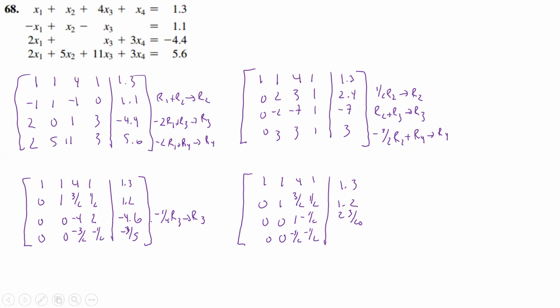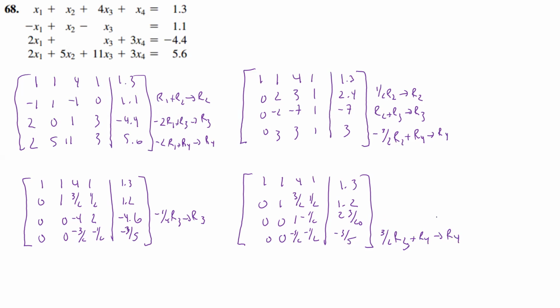Yeah, 3/5. All right, so minus 3/2 make, okay. And so then we do that one, and that's going to be a minus 3/5 again. All right. Now we're going to take 3/2 times row 3, plus row 4, and that's going to be our new row 4.